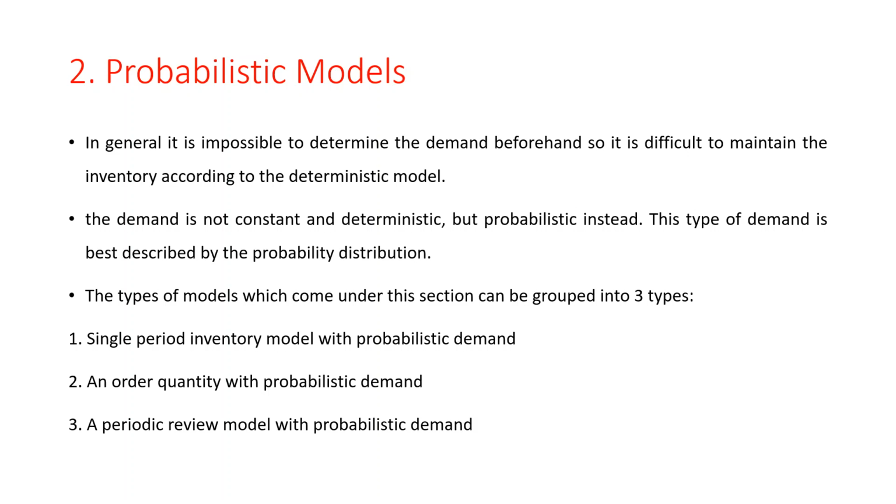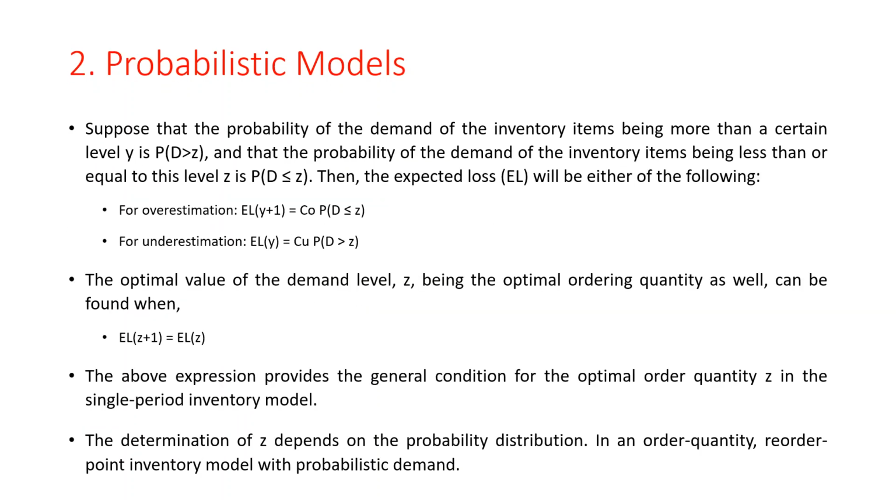Suppose the probability of the demand of the inventory item being more than a certain level Z is the probability of D greater than Z, and the probability of demand being less than or equal to this level Z is the probability of D less than or equal to Z.